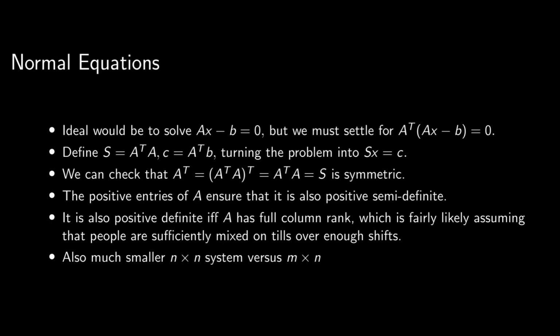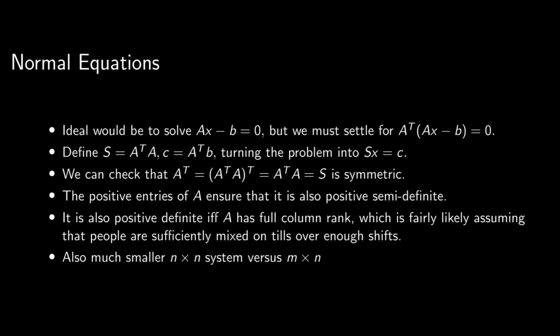Another nice thing about the normal equations is that it reduces the system size, now equal to the number of employees. This is going to dramatically reduce the amount of computation needed, especially as the number of till days increases every day, in contrast to employee turnover, which hopefully happens on a scale of months or years.